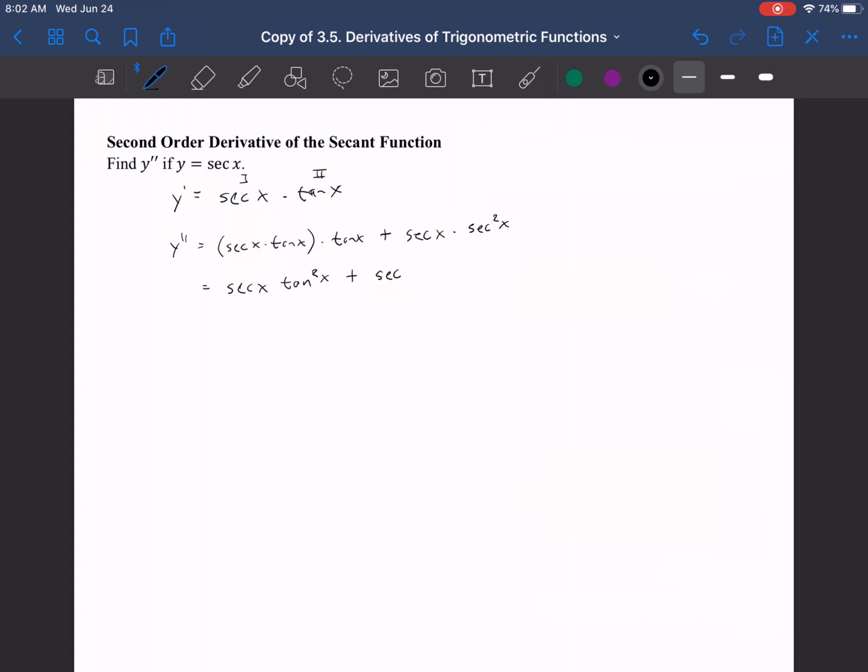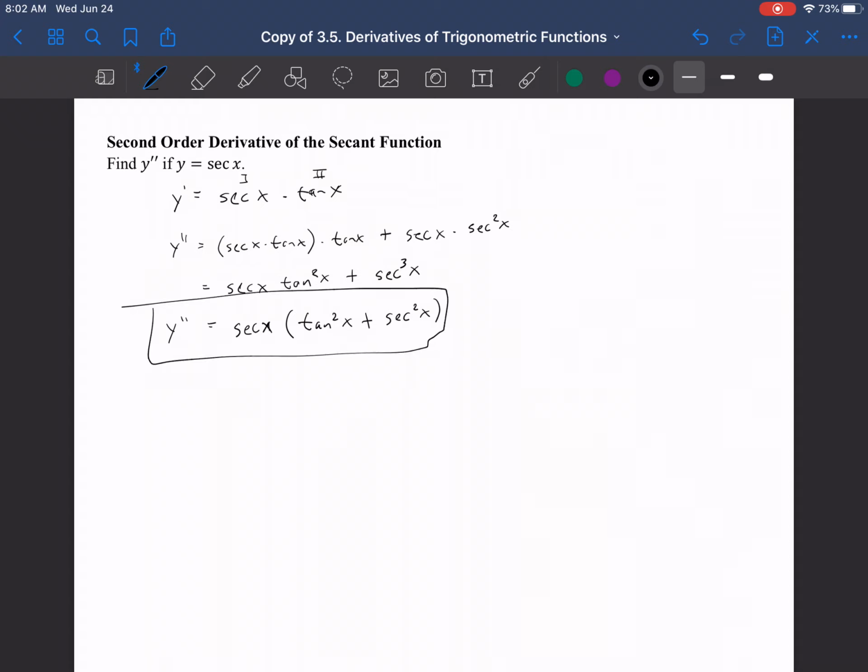plus secant cubed x. And if you wanted, you could even factor this and make it secant x times tangent squared x plus secant squared x. All right, and there you go. Make it look like something like that.